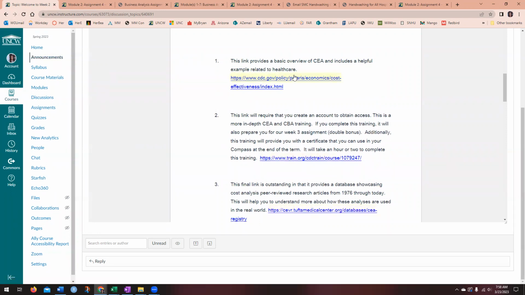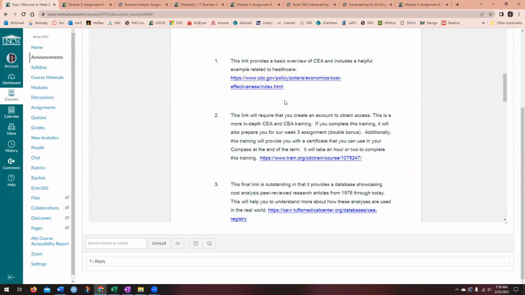The other 2 are like basic trainings. This one's a little more comprehensive and details CBA as well, which we'll be doing next week. You can actually get a certificate for this one. So if you really like to do that, you want something to add to your compass, this would be a good one. If you just want the basic overview, this would be quicker.